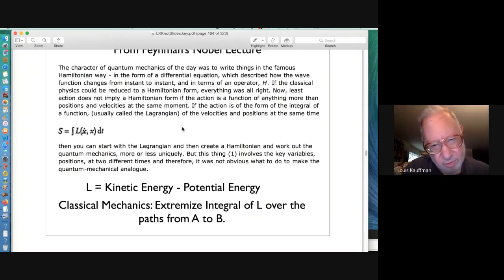You get a solution to Schrodinger's equation. That was his discovery, and related to that are all the techniques that he discovered for doing quantum electrodynamics.